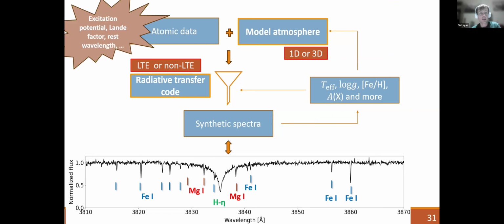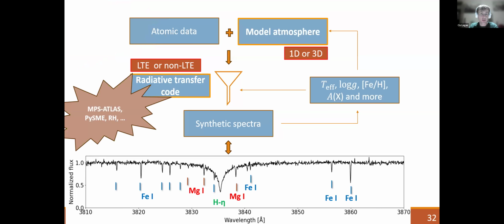Combining that with the lines you want to look at, this could be the rest wavelengths, their excitation potential, the log gf values, but also all the information on all the other lines that you don't want to look at, but that do impact how the continuum forms in your spectra. There's a lot of atomic data that's not directly used in your spectral synthesis, but that's still there to define the continuum in the background opacities, we would call them as well.